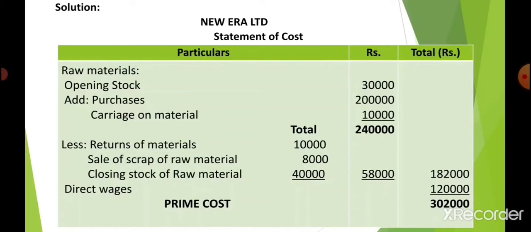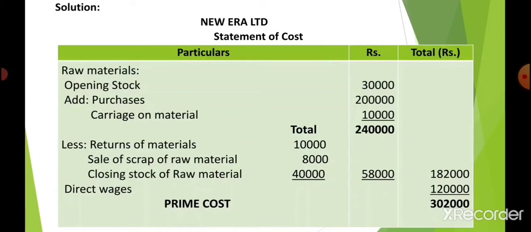So first we will take the prime cost expenses, that is direct cost expenses. First one is raw material consumed. For raw material consumed, we have to take all the necessary information about the raw materials. So first we will take the opening stock. Opening stock is 30,000. For that we have to add the purchases and carriage on material.